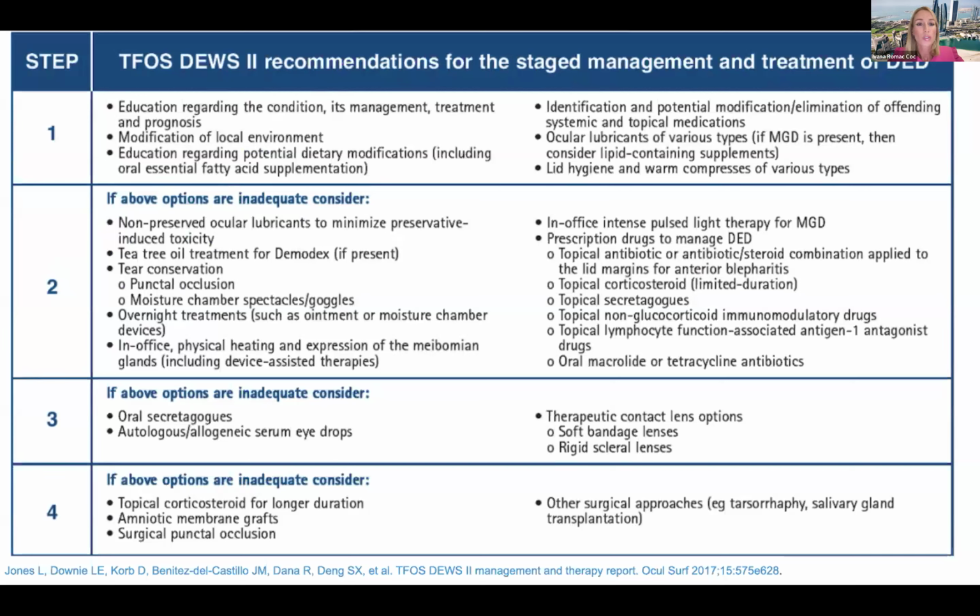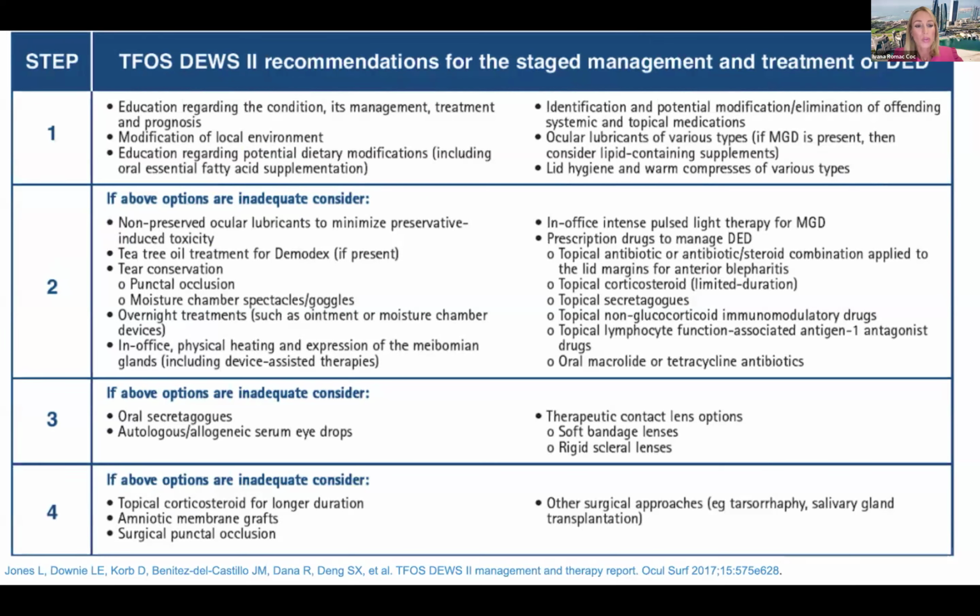Step 1 includes patient education, environmental modification, dietary recommendation, use of artificial tears, eyelid treatment, warm compresses, and eyelid hygiene. Then in step 2, we have treatment with anti-inflammatory medication, topical and oral antibiotics, use of punctal plugs, and in-office meibomian gland procedures.